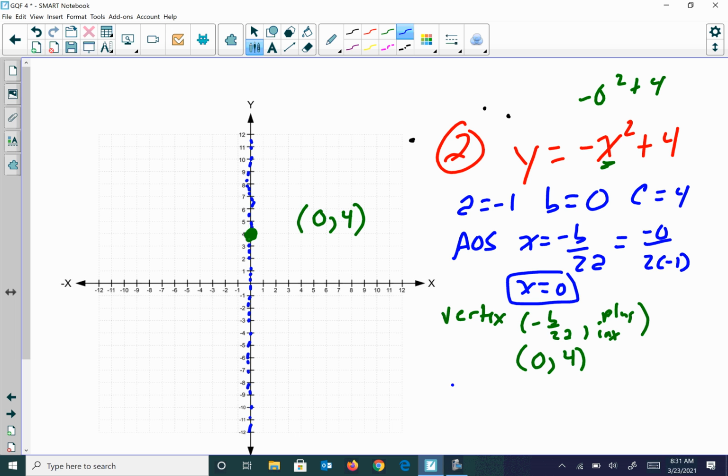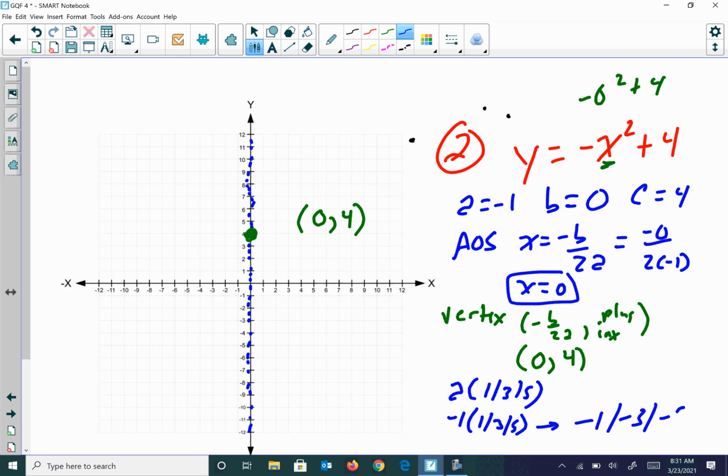All right. So then I'm ready to pattern graph, which is a times 1, 3, 5. 1, 3, 5 keeps going forever. It's all the odd numbers, but we're not going to go forever. What's my a value? -1. Right? So what is that -1 going to do? I'm going to multiply that.